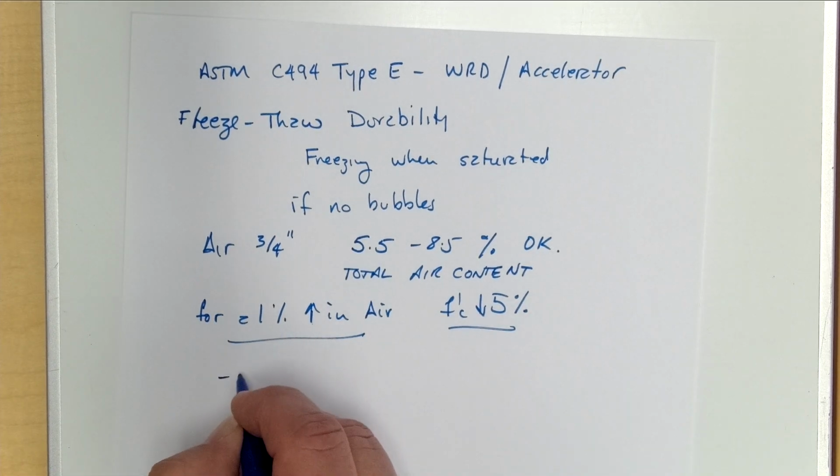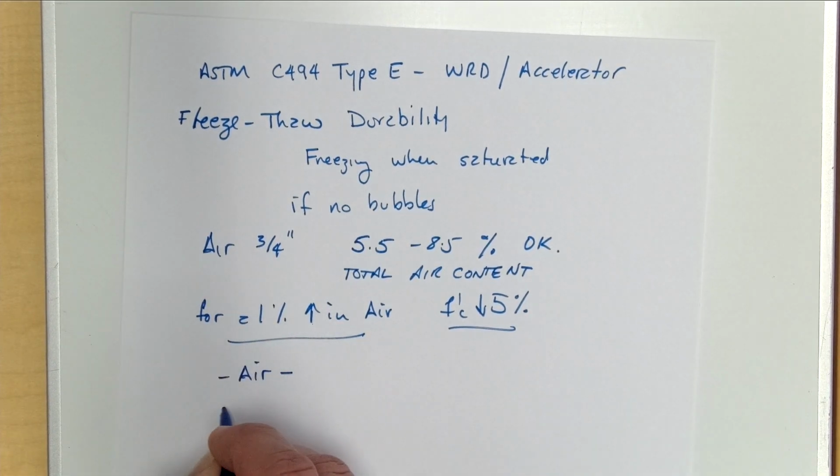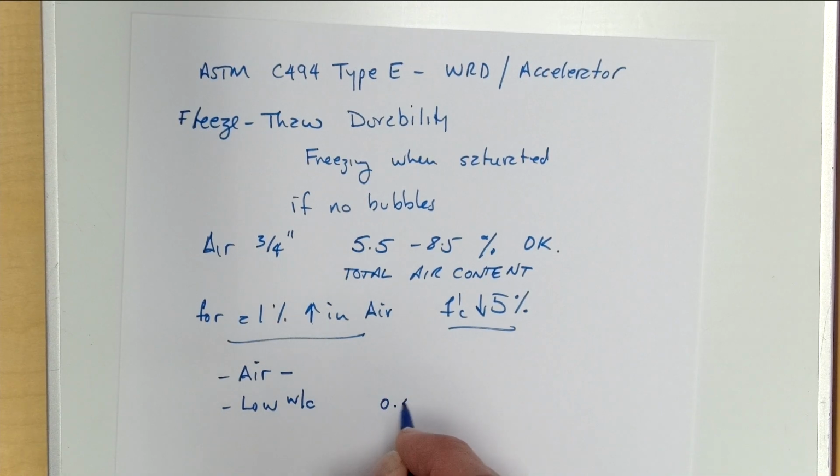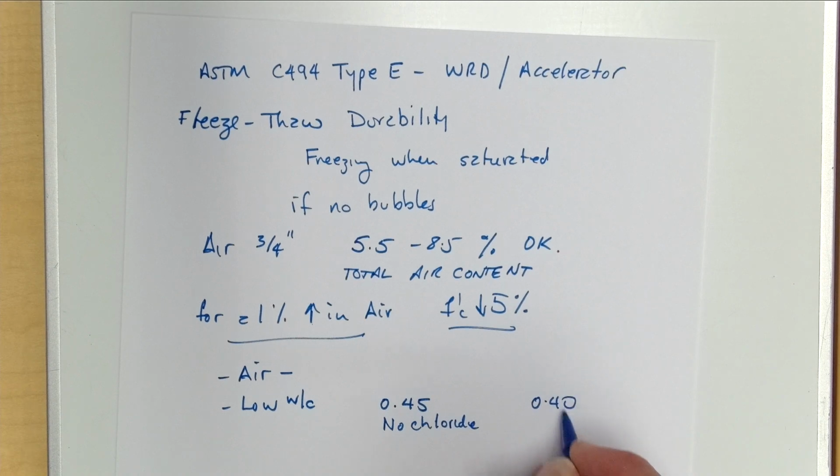So we need air, we need a low water to cement ratio, 0.45 if there's no chlorides, no salt, and 0.40 in the presence of chloride.